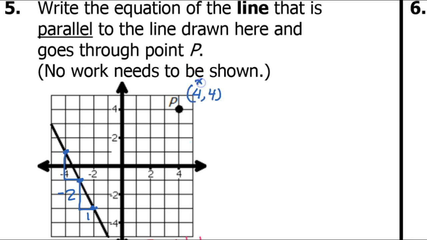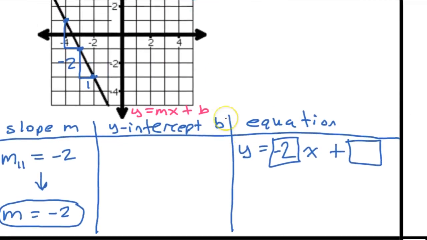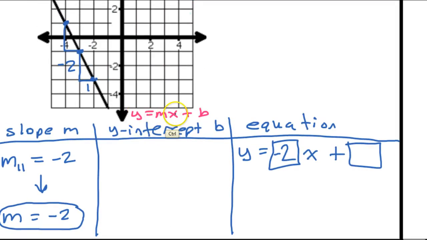Alright, that's x and y. 4, 4. So I'm going to substitute 4 and 4 for y and x. So that's why I will have 4 equals, and then comes m, which is -2, and then x, which is 4 again, and then plus b.